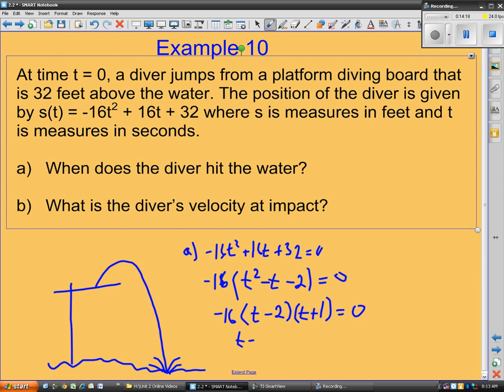And so t equals 2 seconds or t equals negative 1. Well, since we can't go back in time, we're not going to use the negative 1. So 2 seconds after he jumps off the diving board, he hits the water.